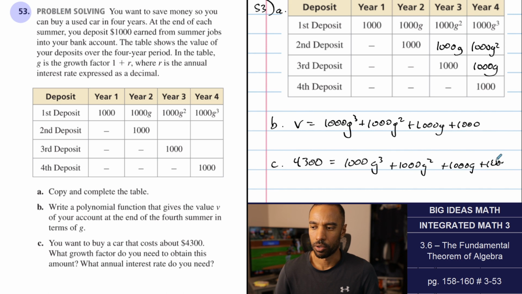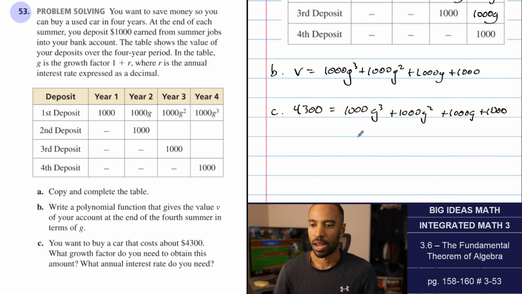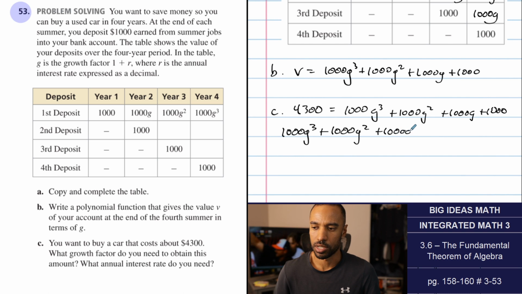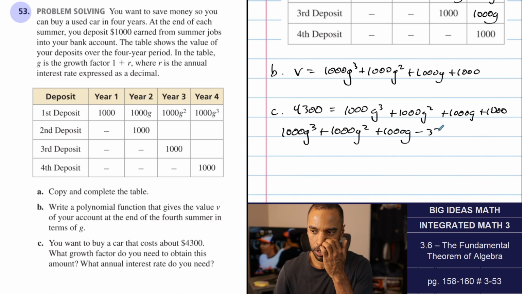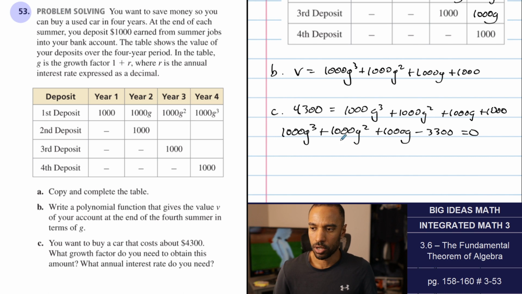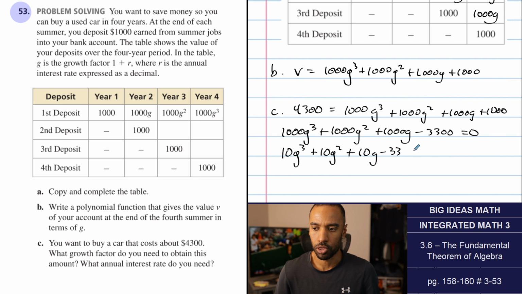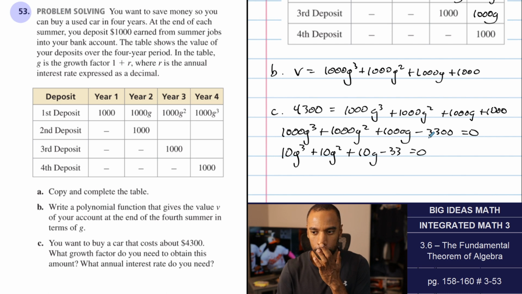I don't know if I'm supposed to use the calculator or not, but I am going to subtract 4,300. So I get 1000 g cubed plus 1000 g squared plus 1000 g minus 3,300 equals 0. I can divide everything by 100 and get 10g cubed plus 10g squared plus 10g minus 33 equals 0, and we can solve from there.